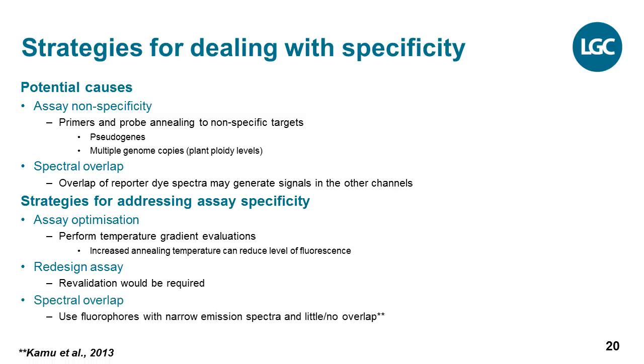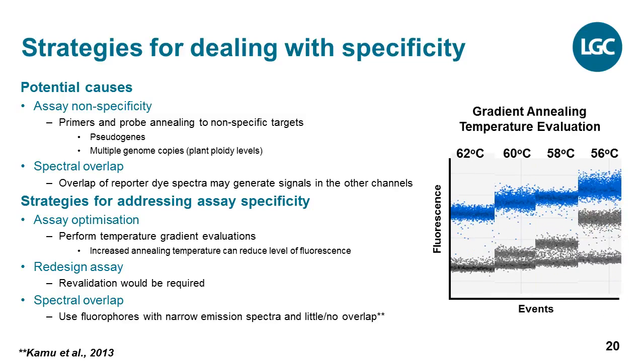Finally, possible spectral overlap of the fluorophores may be reduced by employing narrow emission reporter dyes. The figure presented here illustrates the impact of increasing the annealing temperature on PCR assay specificity, which has resulted in the reduced amplification of a secondary target.